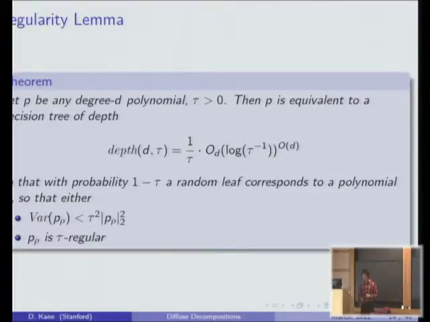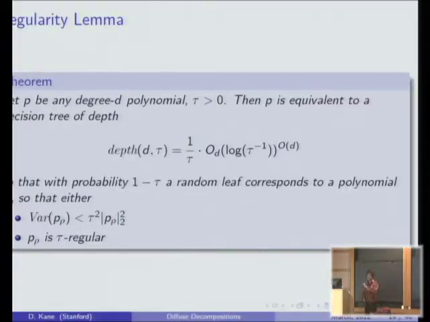And what's going to happen is, the leaves of the decision tree, of course, are going to be new polynomials. But it's going to be the case that with probability at least 1 minus tau over a random leaf, one of two things will happen for this resulting polynomial. Either the variance of this polynomial is less than tau squared times the squared L2 norm.